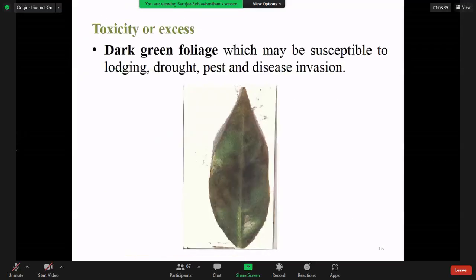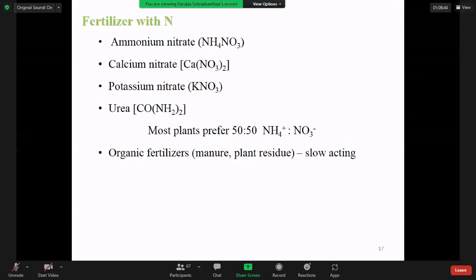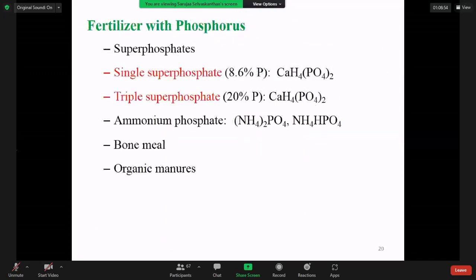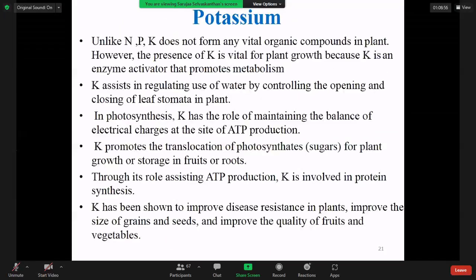Then the toxicity: what are the signs of toxicity? Then how can you overcome the deficiency condition? And phosphorus: what is its function? What are the major components of phosphorus? Then deficiency symptoms and the fertilizers given for phosphorus and potassium.